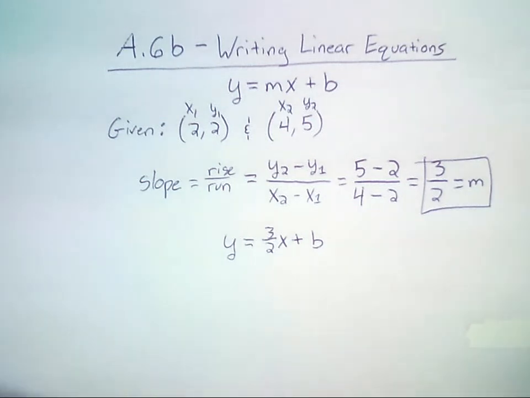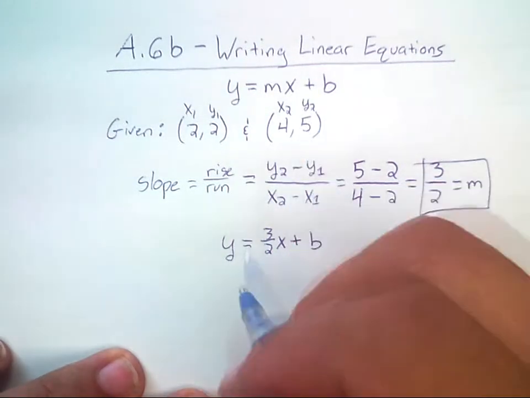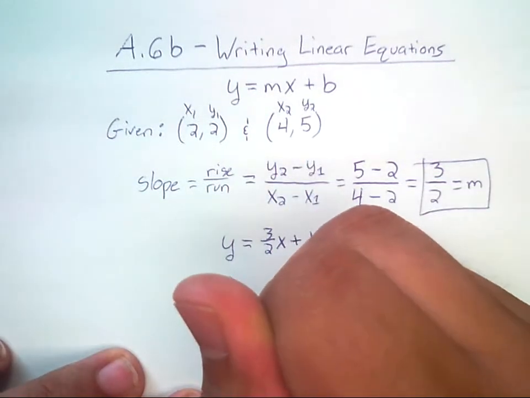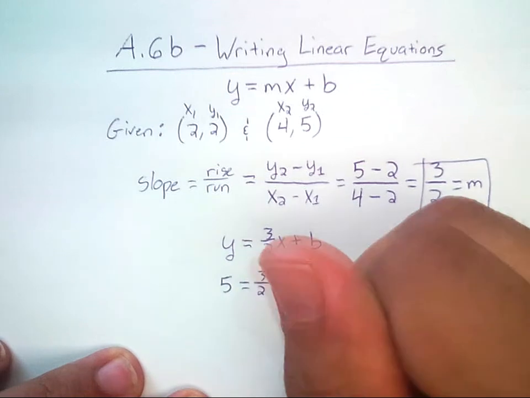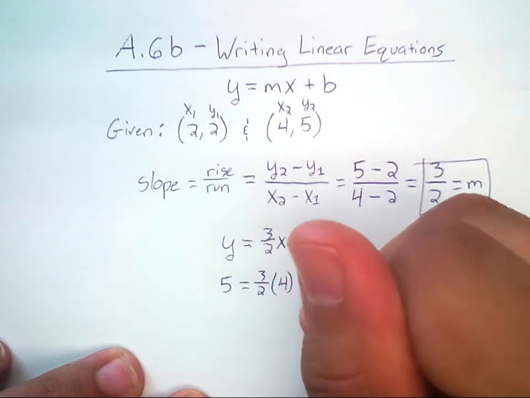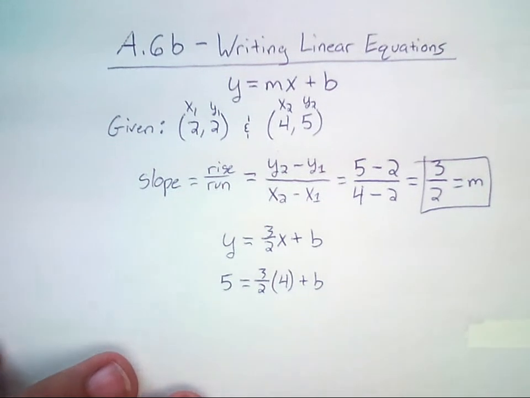So we need to pick one of these ordered pairs and substitute it in. I'm going to pick 4 and 5. Once we replace x and y with a point actually on the line, all we're left with is b. So when we solve for b, we get the y-intercept.